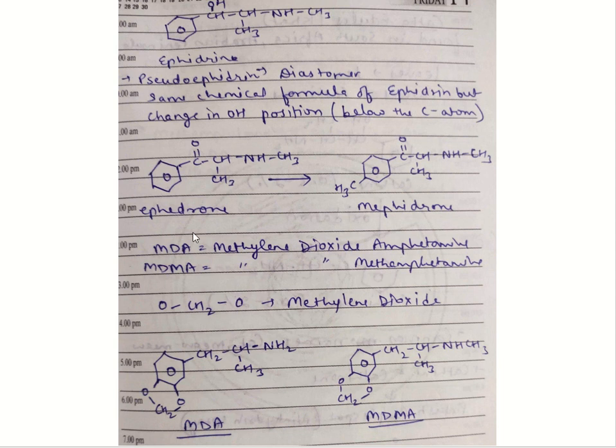MDA and MDMA: how are these prepared? When methylene dioxide is attached to amphetamine, it forms methylene dioxide amphetamine, MDA. When methylene dioxide is attached to methamphetamine, it forms MDMA.